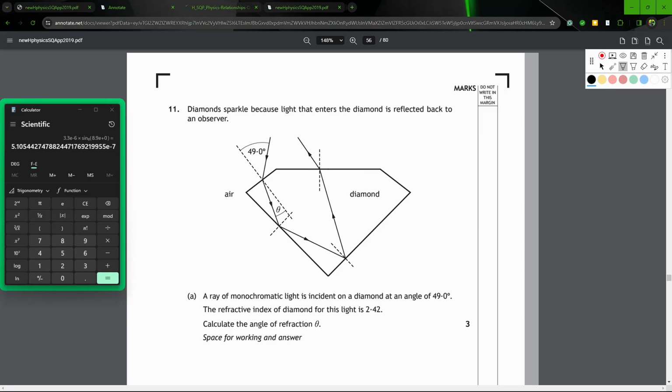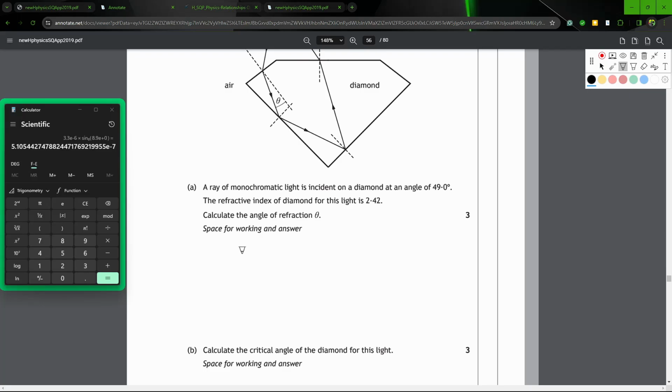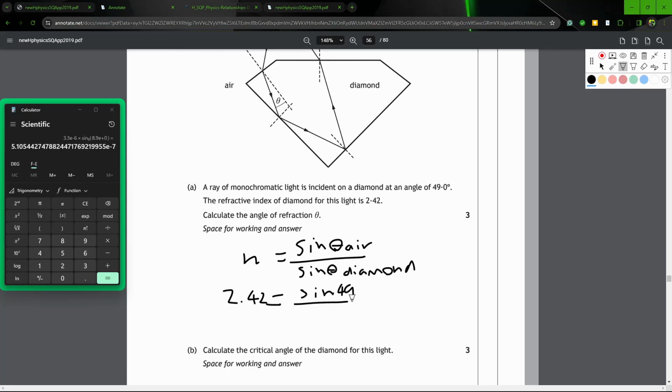Well, what we do here is we have n equals sine theta air over sine theta glass, or actually it's not glass, it's diamond, so we want to label that correctly. So theta air is 49, and 2.42 goes over here.